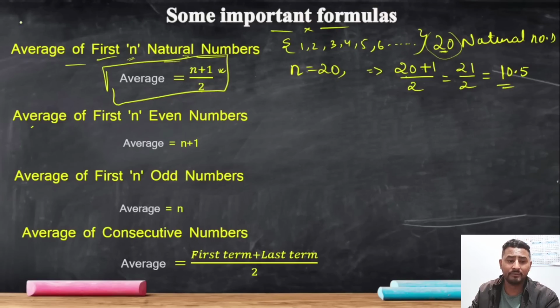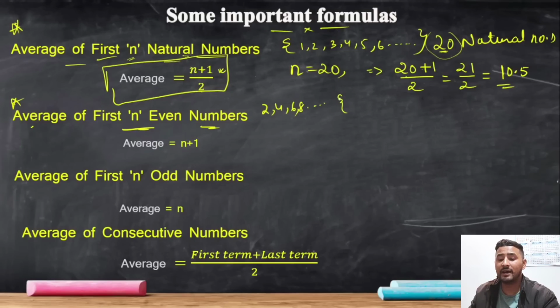If you are given the average of the first n even numbers, even numbers means 2, 4, 6, 8 and so on. Okay, right? So if they ask you to find the average of the first 30 even numbers, what will you do? You don't need to do anything.